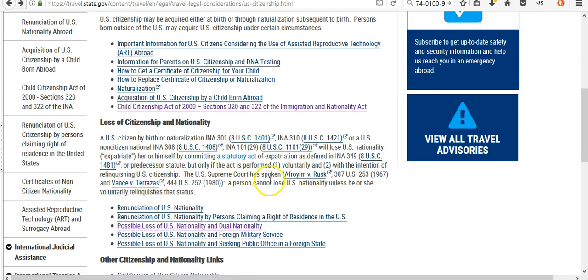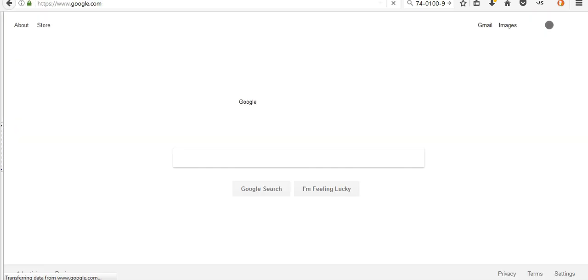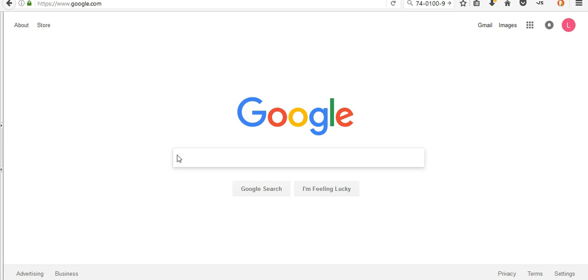The U.S. Supreme Court has spoken. A person cannot lose U.S. nationality unless he or she voluntarily relinquishes that status. Sometimes we need to dig a little deeper into words so stuff can stick.